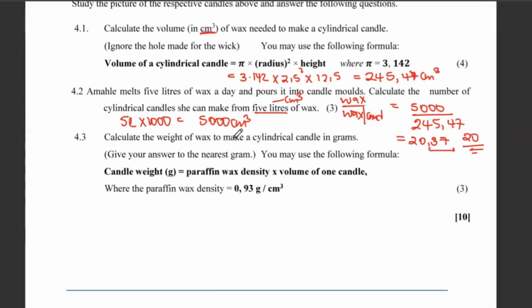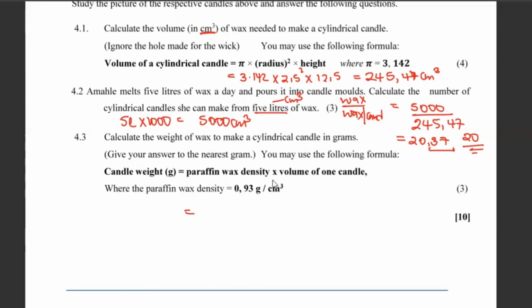Calculate the weight of wax to make a cylindrical candle in grams. Give your answer to the nearest gram. You may use the following formula. All right. Candle weight equals paraffin wax density times the volume of one candle. Guys, learn how to substitute it in the formula.